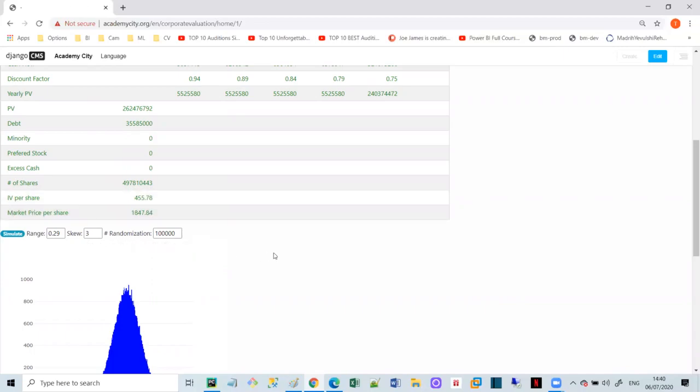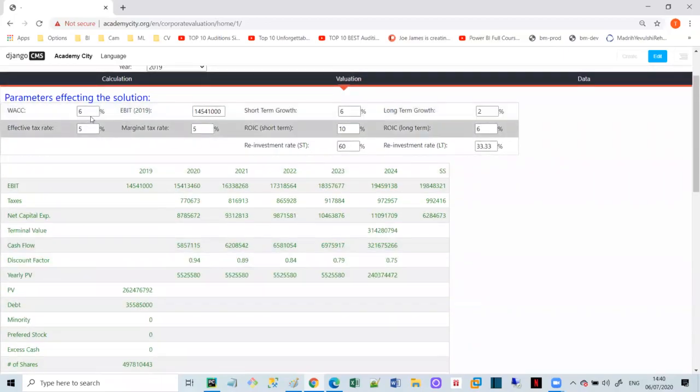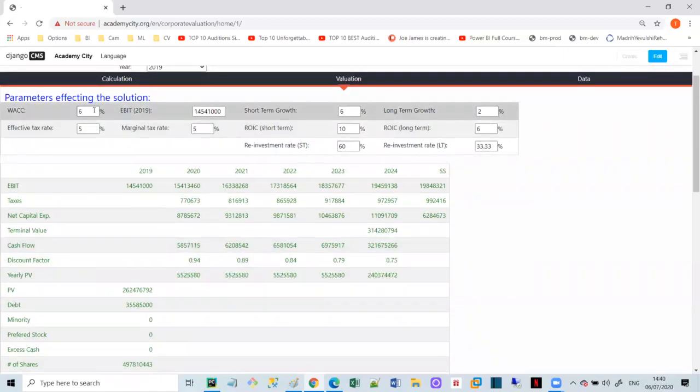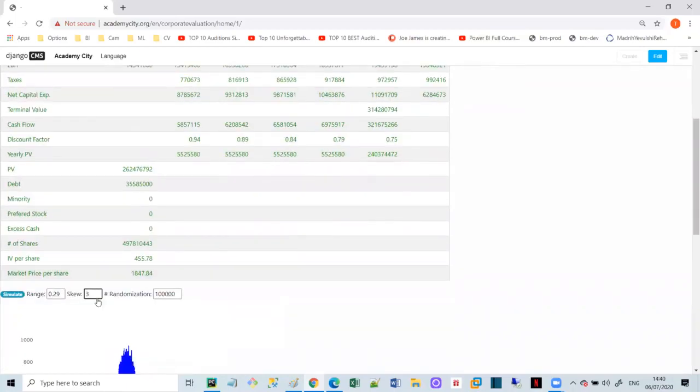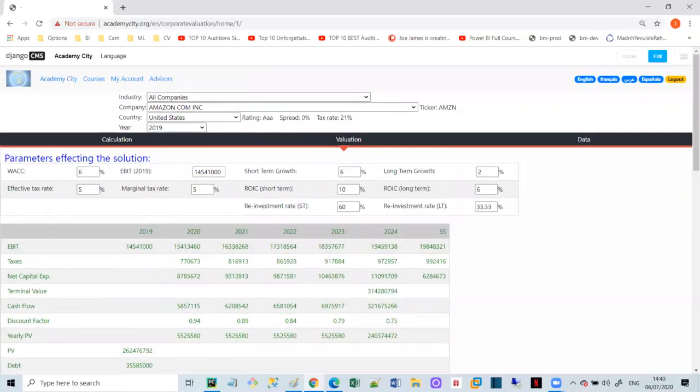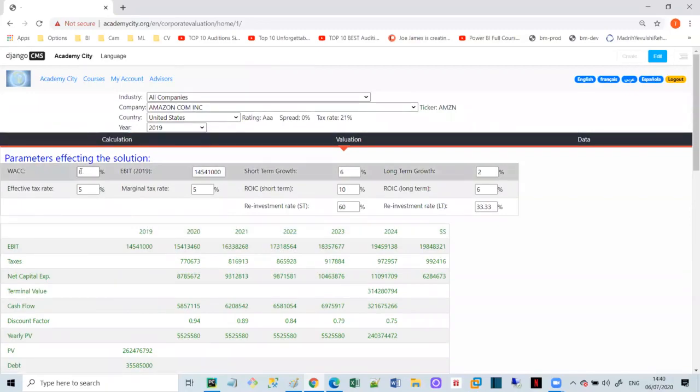And the skew? What do you mean by skew? The skew is, say, I can pick numbers plus or minus 29% randomly. But when I change the skewness to a higher number, it will pick more numbers above 6 and fewer below 6. You got it? In fact, in this case it will be the other way around.